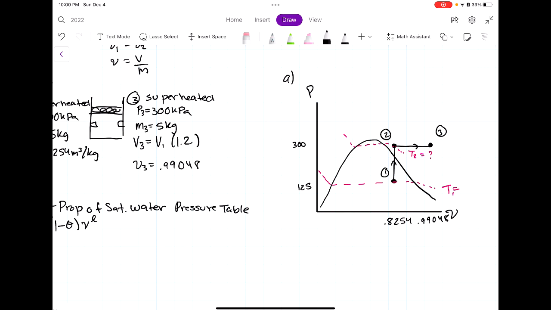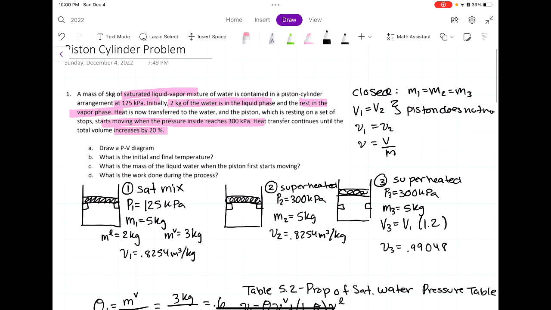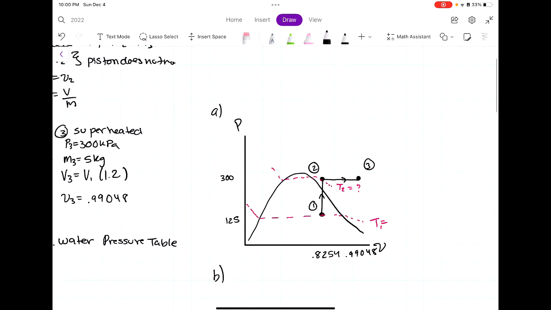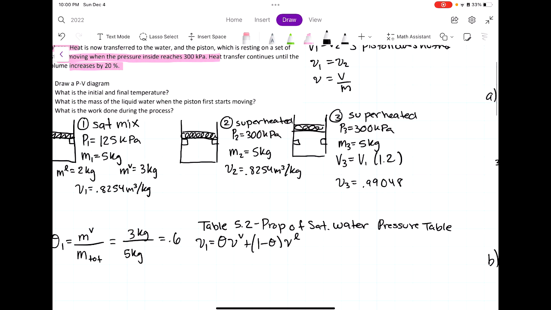Okay. So that was the answer for A. Now let's start answering B. B asks, what is the initial and final temperature? In my initial state, we have a saturated mixture.